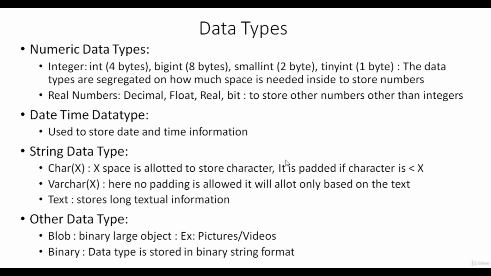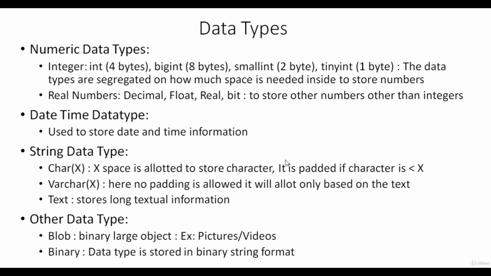Okay, suppose you have allocated, say the x value is 10 and you are storing only one value there, so the rest of the space which is allocated will be padded.